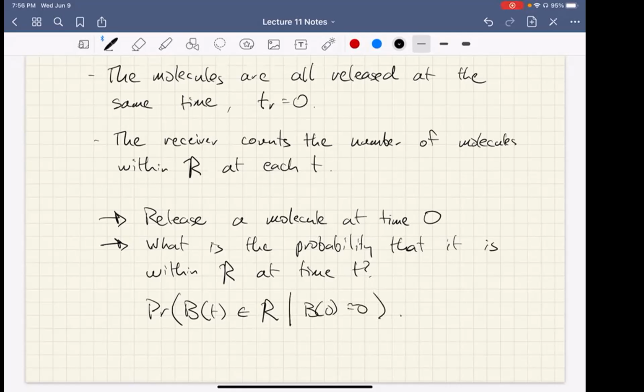We also know that B of t is distributed Gaussian with mean 0. There's no drift here. You can easily modify everything that I'm talking about in order to take drift into account. So B of t is normal with mean 0 and variance 2Dt, where D is the diffusion coefficient. 2D is the fundamental variance of the Wiener process, and t is the time that's elapsed since release.